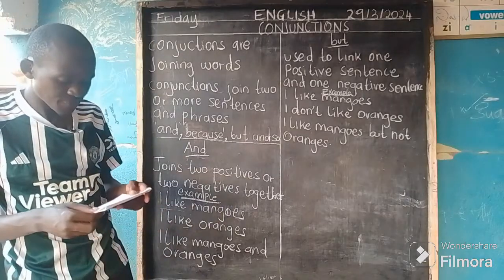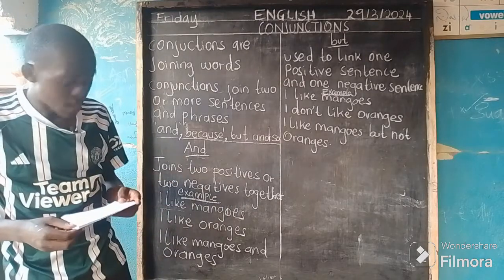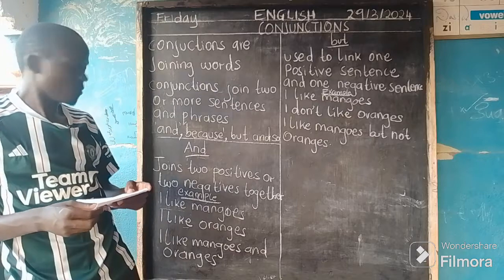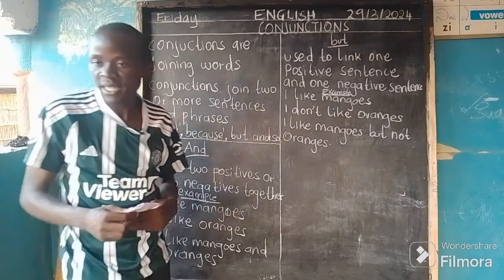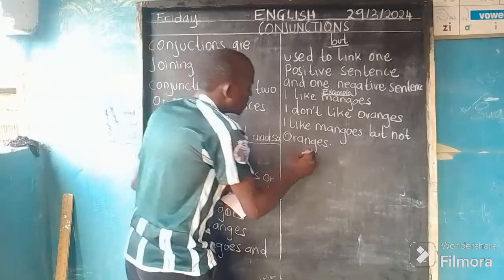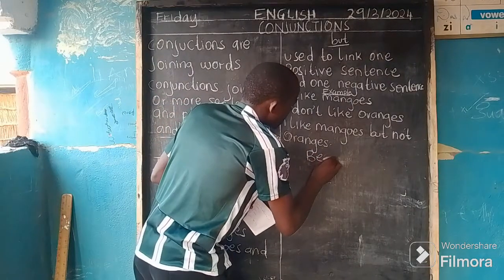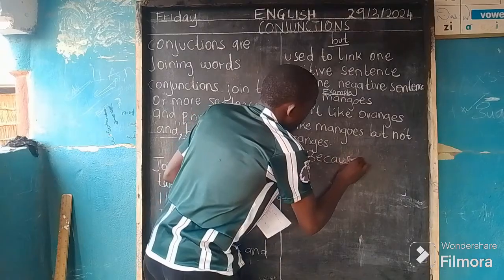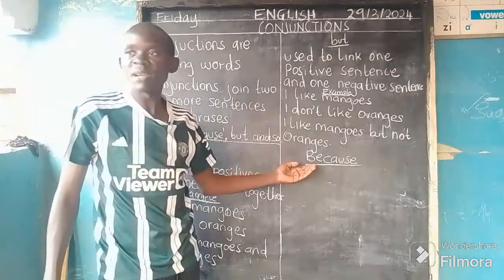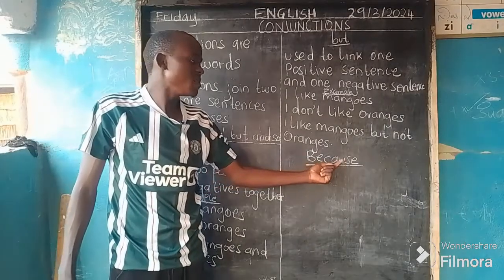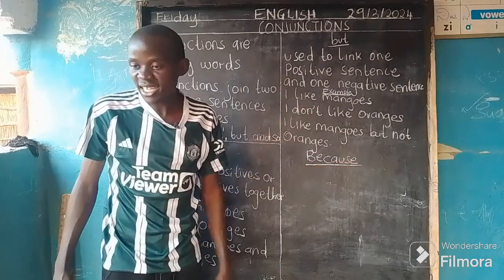Is that okay? The next type of conjunction is because. You have to learn the spelling of the word because: B-E-C-A-U-S-E.